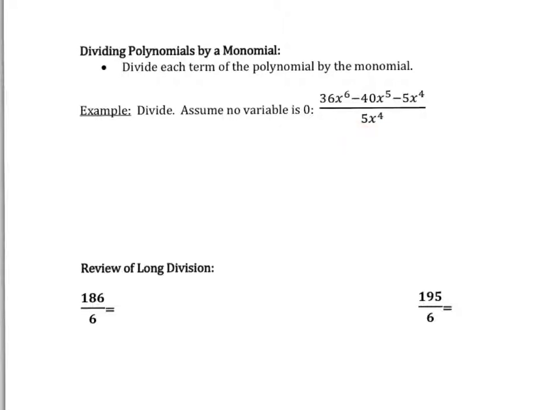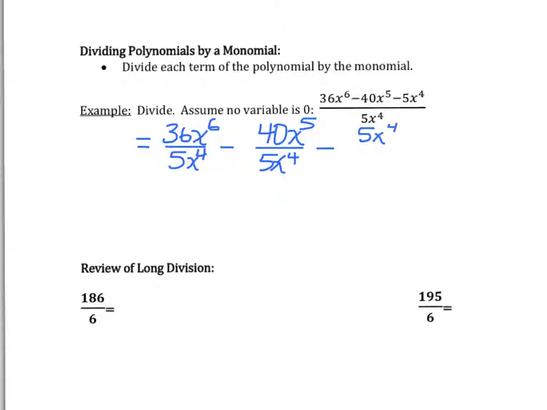That means every term in this numerator is going to be divided by that single monomial in that denominator. And so we could rewrite this as 36x to the 6th over 5x to the 4th. I'm going to keep that same sign. That'll be 40x to the 5th over 5x to the 4th. And then minus 5x to the 4th over 5x to the 4th.